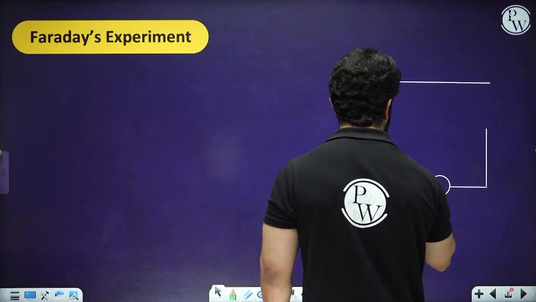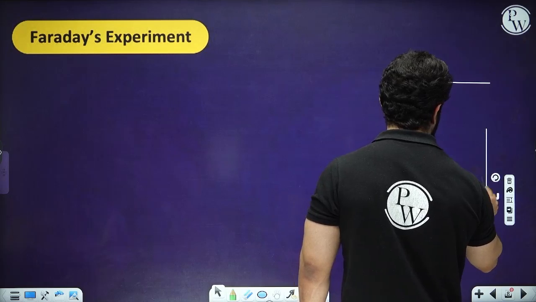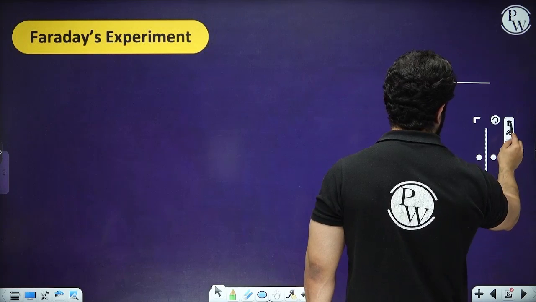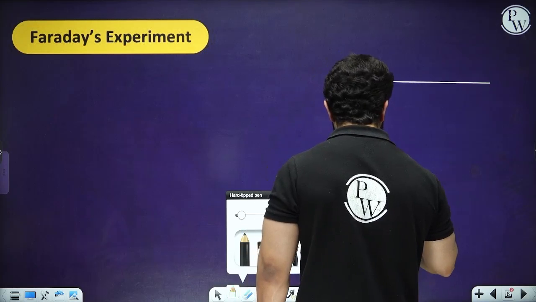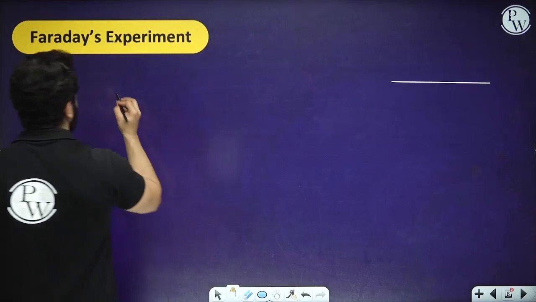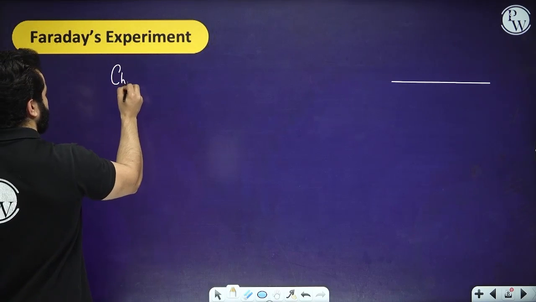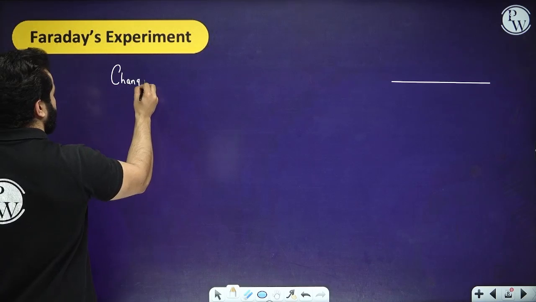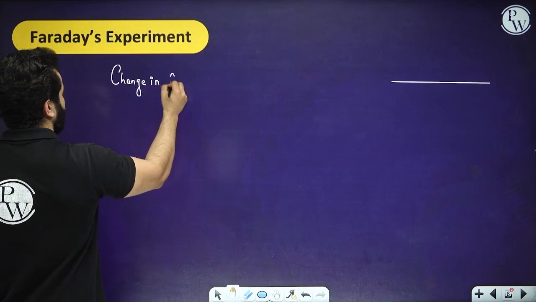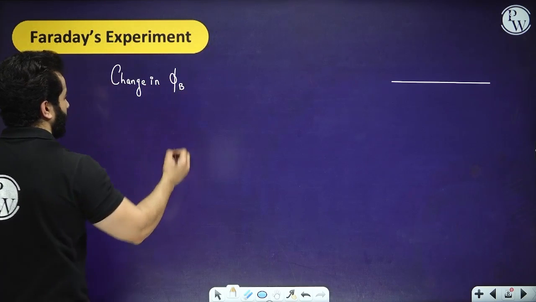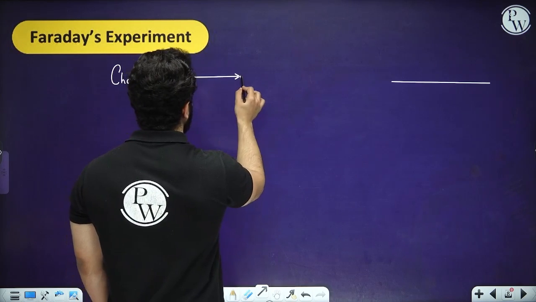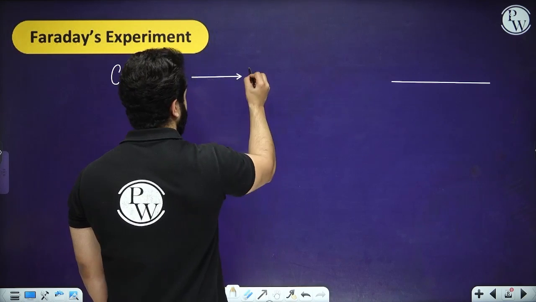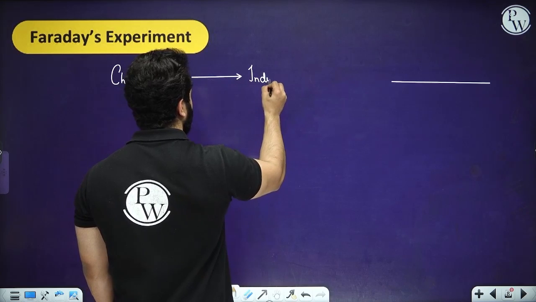So basically what he said is that if there is a change in magnetic flux, this will lead to an induced current. An induced current will be produced.